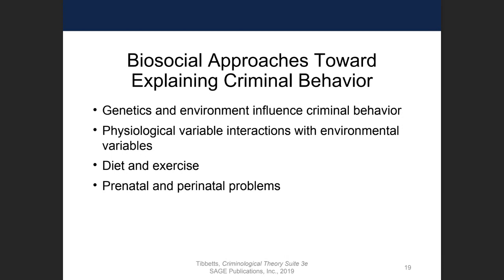For example, there's a relationship between behavior and one's physical makeup, and one's social environment. For example, diet and exercise. People have found that when individuals live in a certain neighborhood and their diet is poor because of the type of neighborhood that they live in, then those individuals can be influenced to engage in criminal or aggressive behavior.